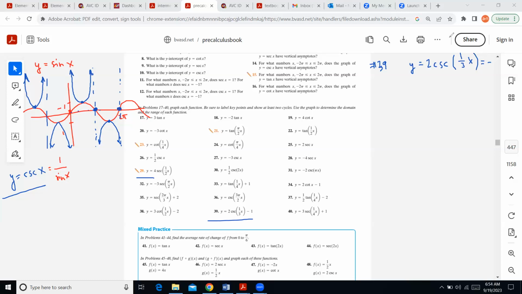Minus 1 we'll do later. Remember, we'll always leave it for the end. So my goal will be to deal with the graph of the function cosecant that corresponds to 2 times sine of 1/3 x. So this will be my goal, my step number 1.